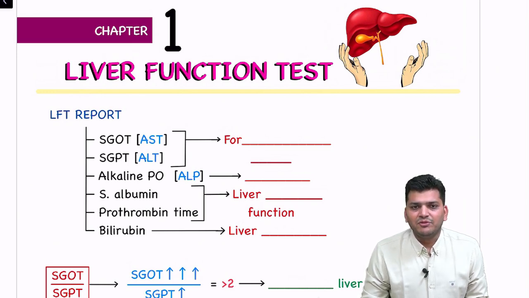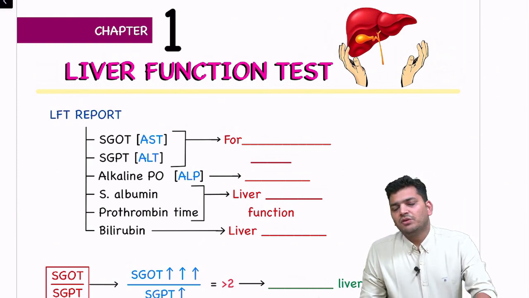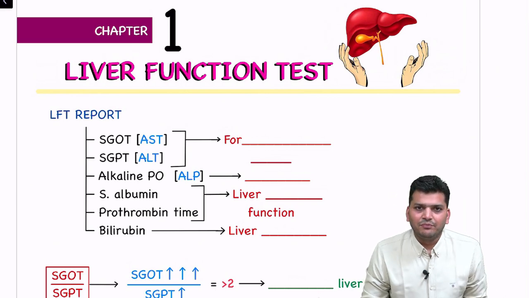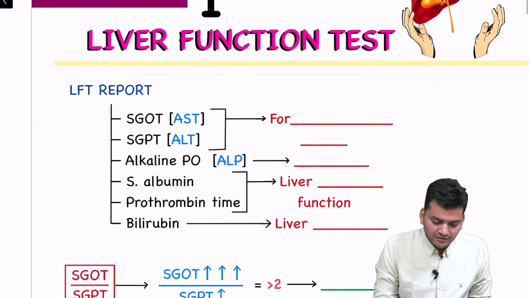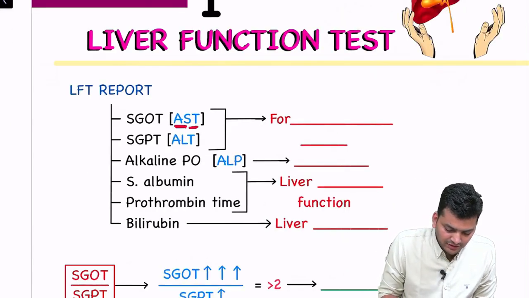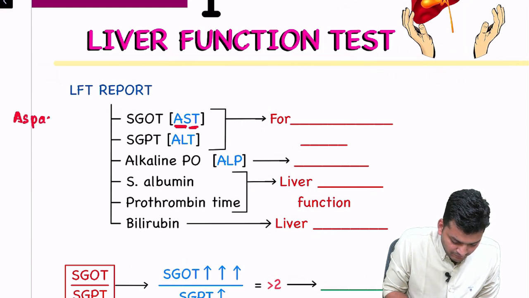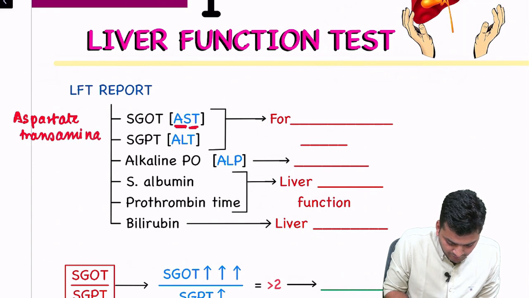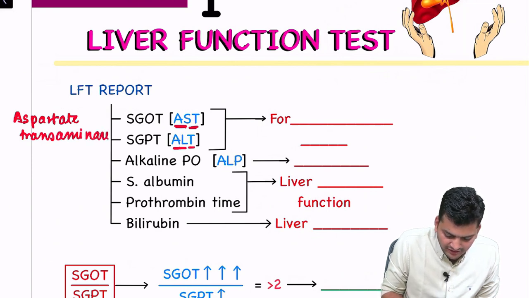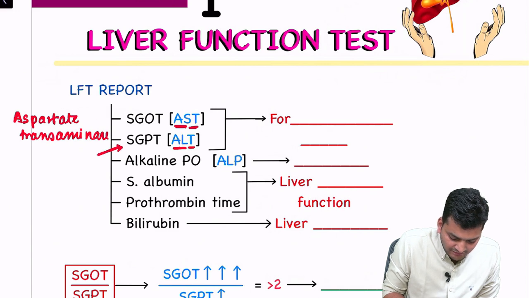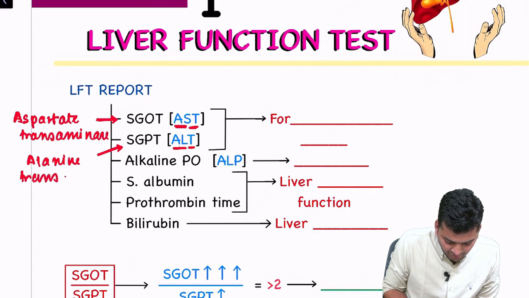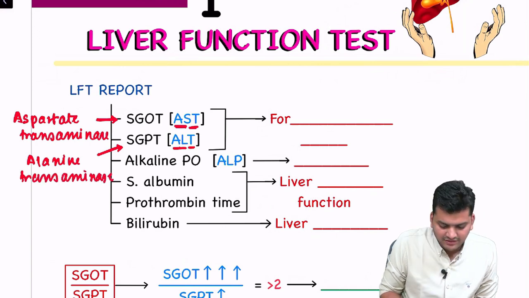Let's have a basic idea before we go into the more detailed concepts of the hepatology clinical part. One of the first things that you see is the SGOT and SGPT. These are the enzymes of transamination. SGOT is also referred to as the AST, which stands for aspartate transaminase, whereas SGPT is also called ALT, alanine transaminase.